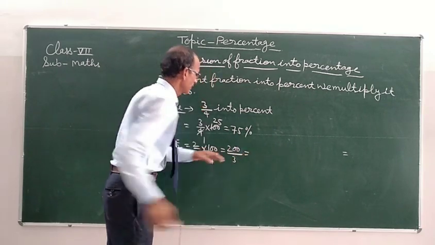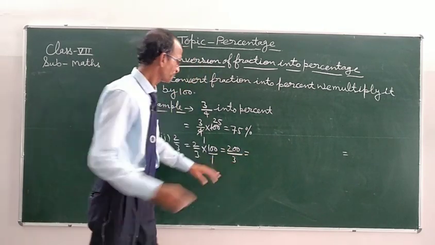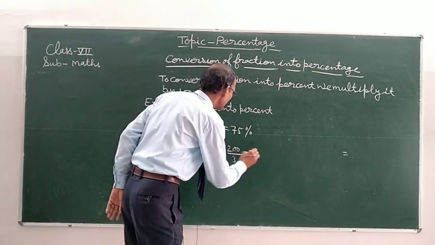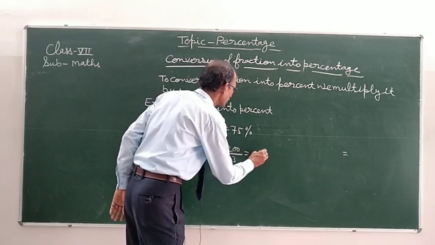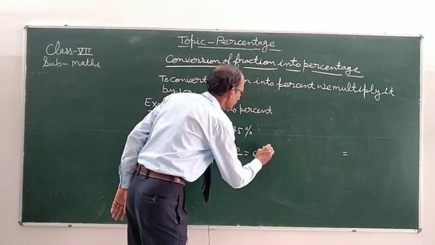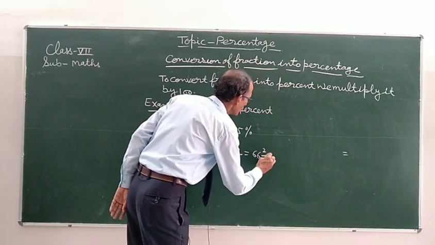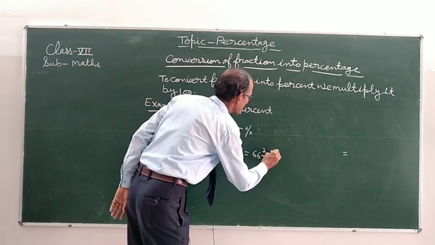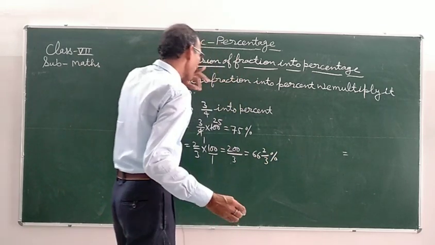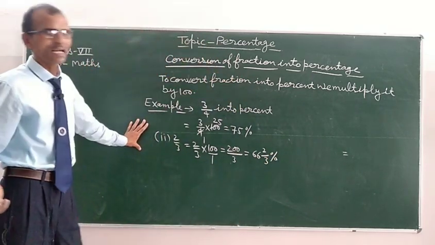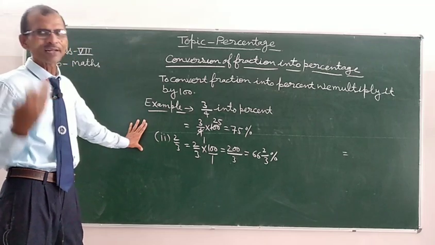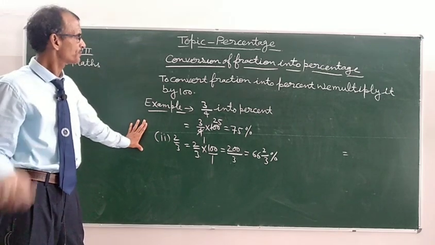Now we will convert it into a mixed fraction. 3 6s are 18, remainder 2. So 66 and 2/3%. Okay. This way we can convert a given fraction into percentage. Understood?